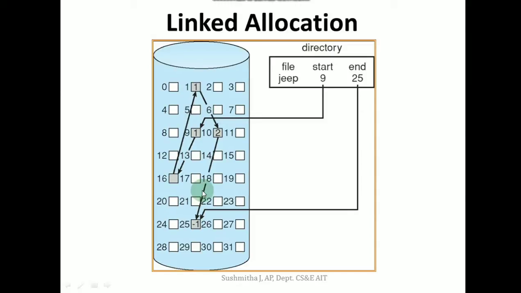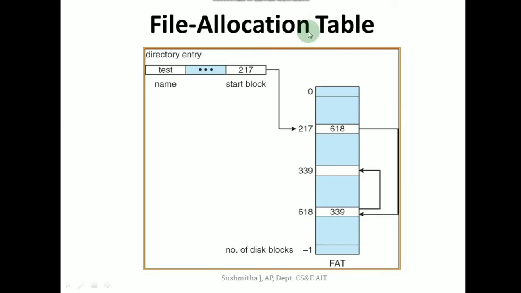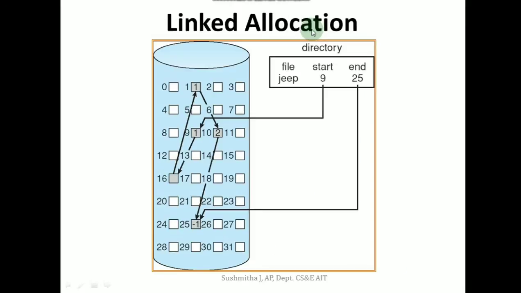So let us see how the creation and read write happens. To create a new file, we simply create an entry in the directory. With the linked allocation, each directory entry has a pointer to the first disk block of the file.